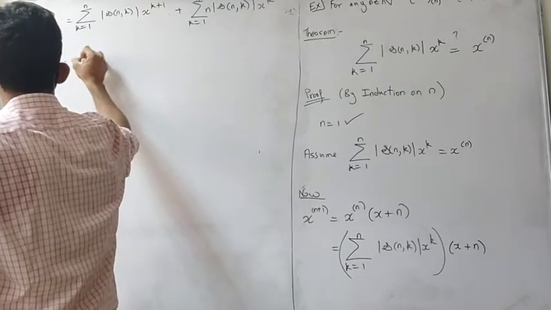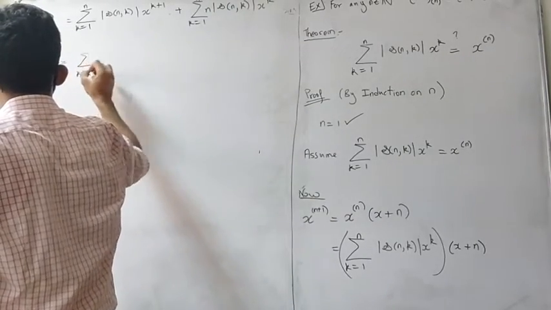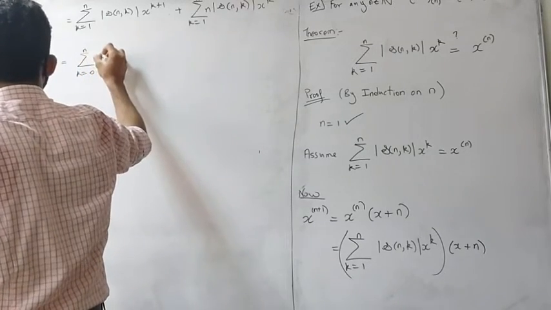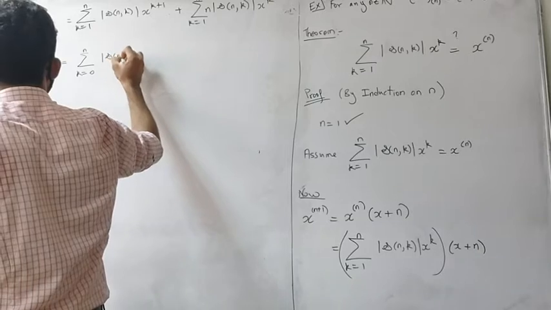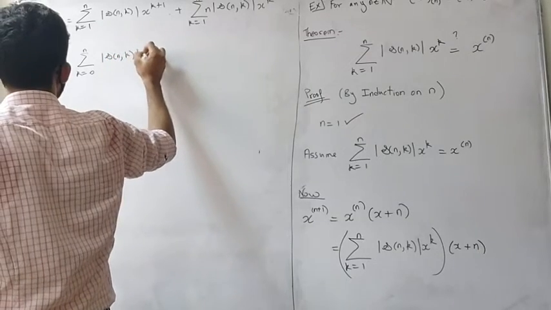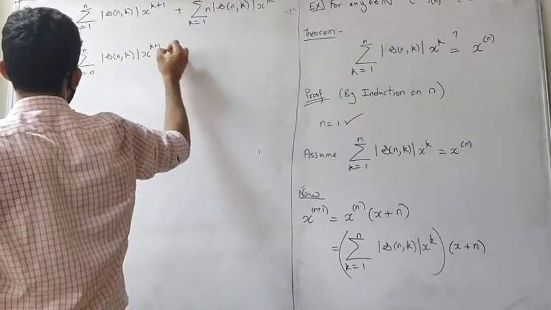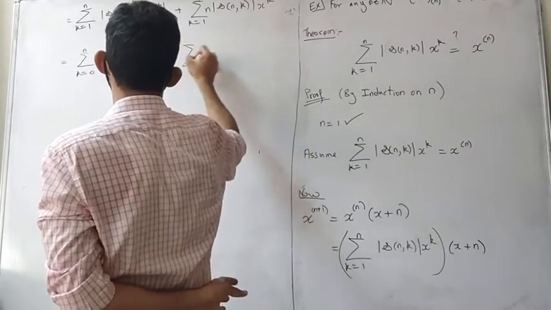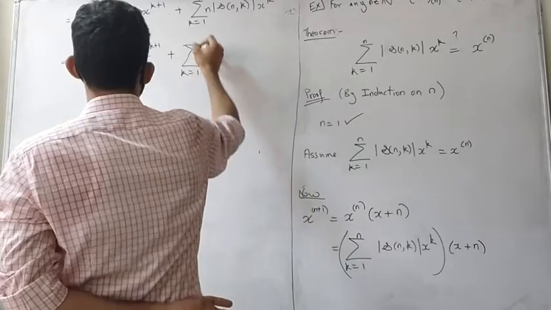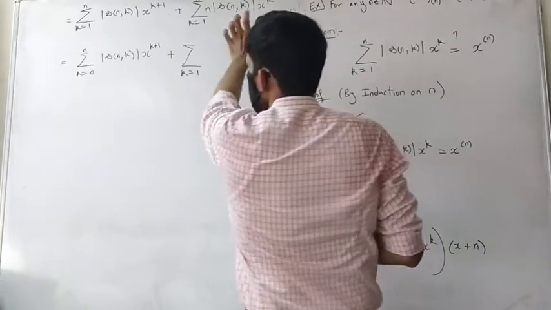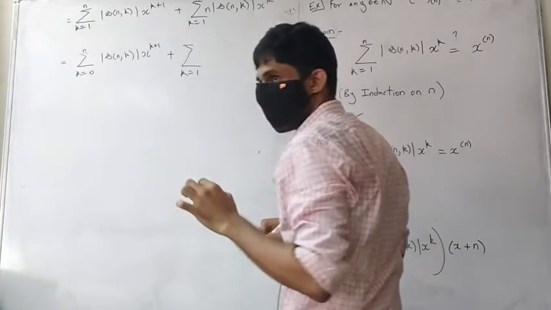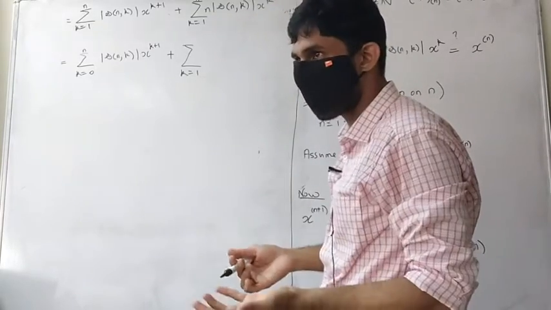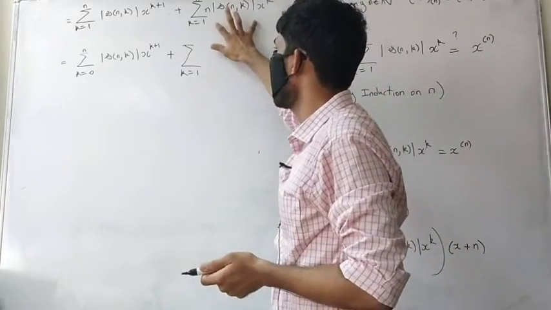So it is okay for us to simply write this as summation going from 0 to n of |S(n,k)| x^(k+1), plus, here what happens? You can do this manipulation in many ways. Here what is missing out is the n plus 1th term. So if we had to have the n plus 1th term, what would it be?